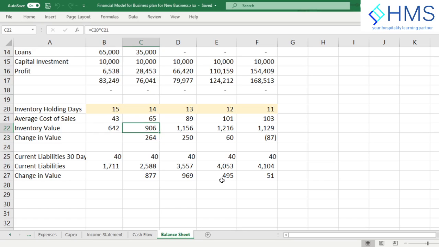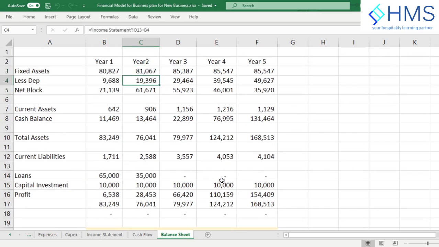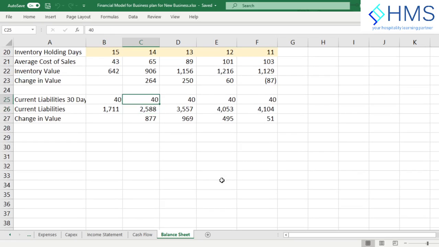If we put the whole amount into the cash flow, that means we are putting the change wrongly. So either we put in the balance sheet the accumulative value, meaning 642 plus 906 and then plus 1156, or we change it to show only the change in the inventory value in our cash flow. Which we have done.